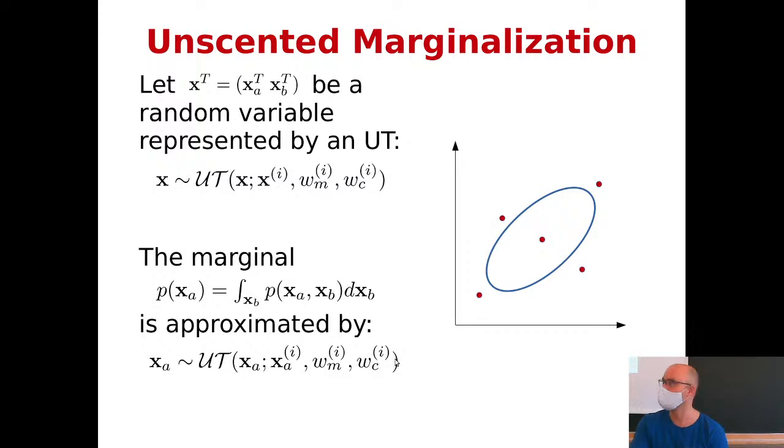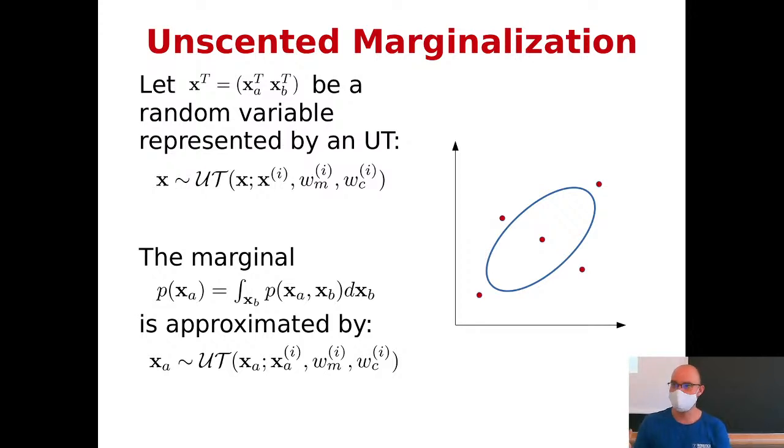How would you do it? Remember what we were saying about what happens when you marginalize a distribution. Basically, you collapse a variable that you're not interested in, right?